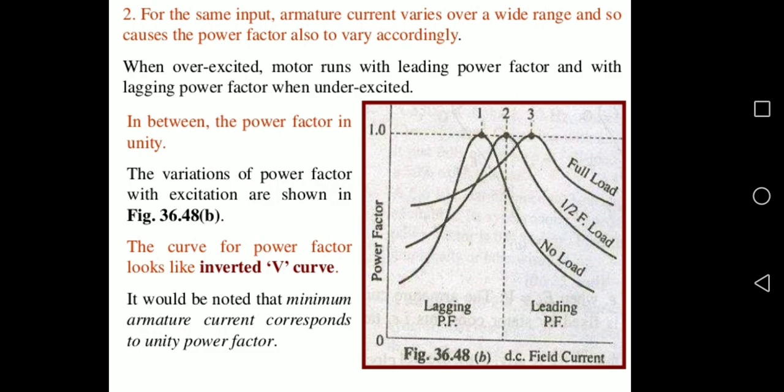Remember one important point. A synchronous machine is running with a unity power factor or normal excited condition. If the excitation is decreased, then the machine is operating under lagging power factor condition. And when the machine is running with lagging power factor, if excitation is increased above 100%, then the machine is said to be operating under leading power factor.